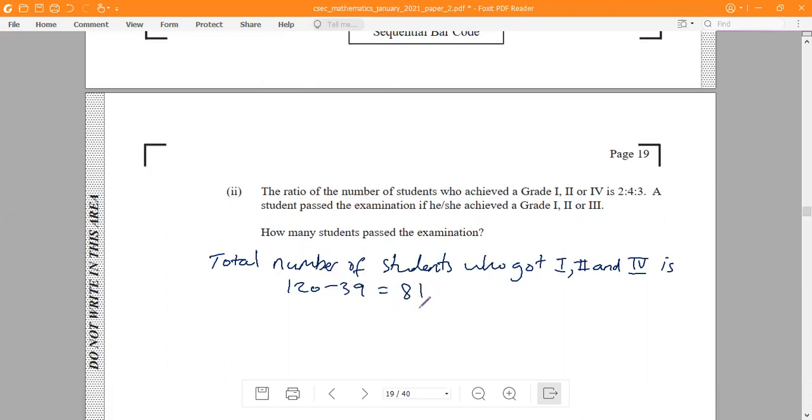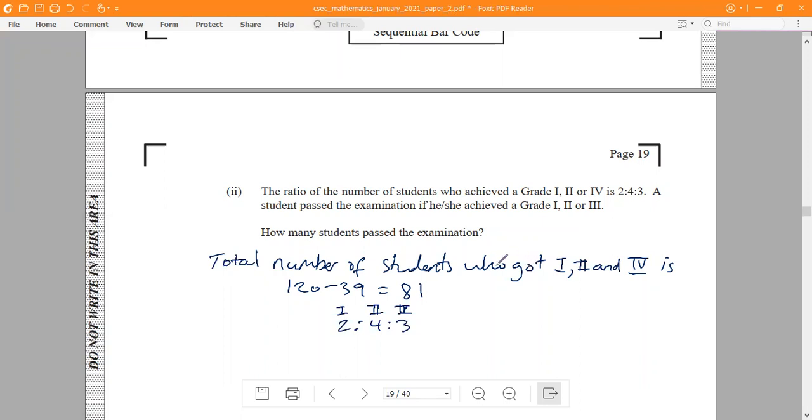Because 39 students got 3s. So now we have a ratio 2 to 4 to 3. The first number represents the number of 1s, the second one represents 2s, and the third one represents 4s, right? So we are asked to find out how many students passed the exam. How many got 1s, 2s, or 3s?